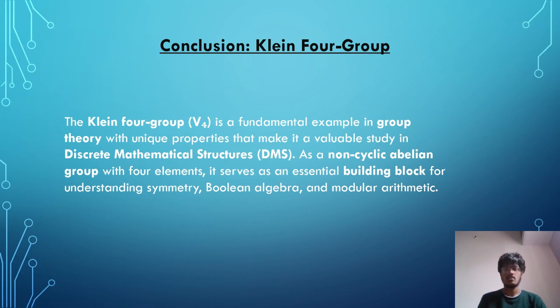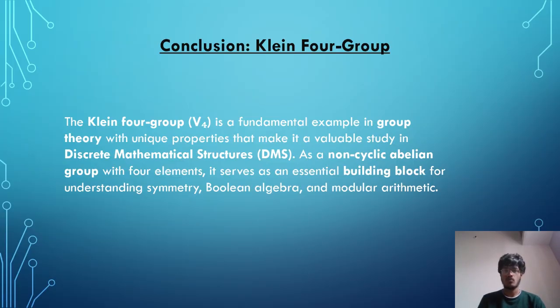Now the conclusion of the Klein 4 group. The topics we discussed in this session are the main definition of the Klein 4 group, the features it should contain, what it should obey, and the examples.